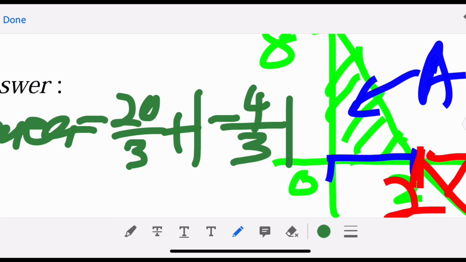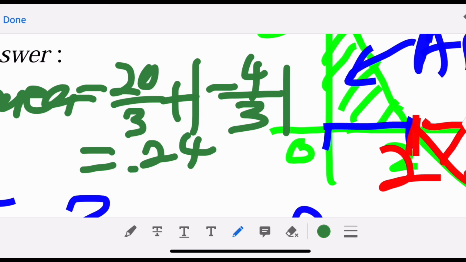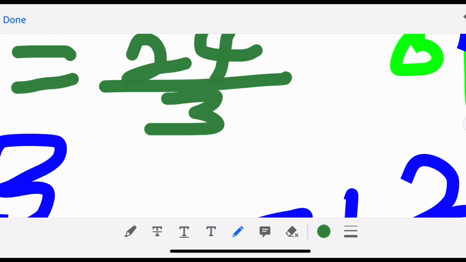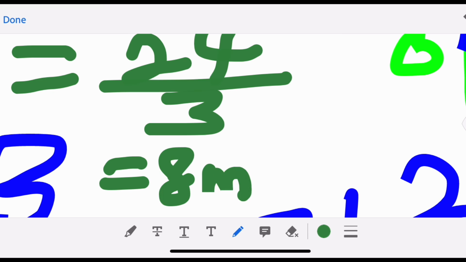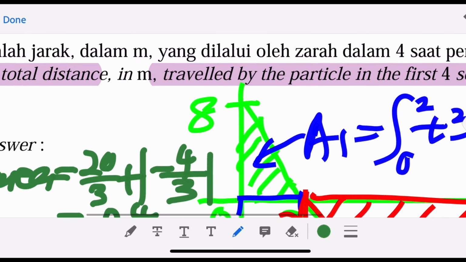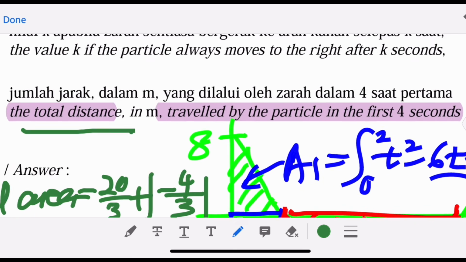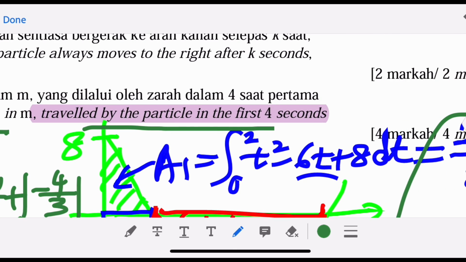So we make it positive. So we have 24 over 3. So the answer is equivalent to 8 meters. So this is the area, and the area represents the total distance traveled by the particle in the first 4 seconds, which is 8 meters.